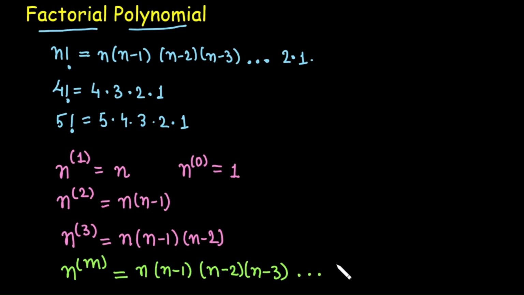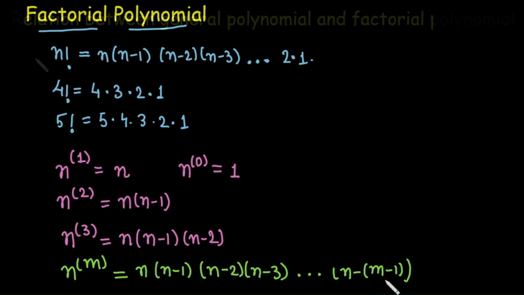Continue till n minus m minus 1. You get the pattern from here. When we are working with n raised to power 2 factorial polynomial, we are getting the term till n minus 1. When we are taking n raised to power 3 factorial polynomial, we are getting the last term as n minus 2. And here we have mentioned n raised to power m. That means here we have m minus 1.